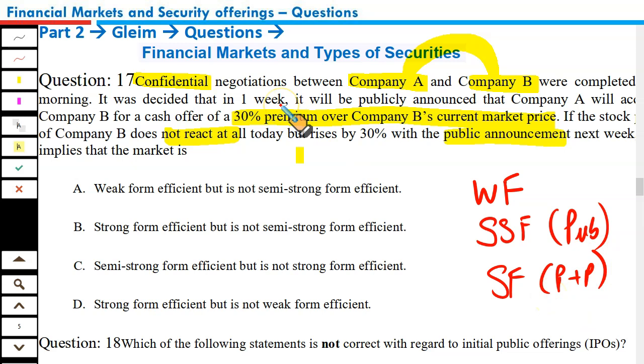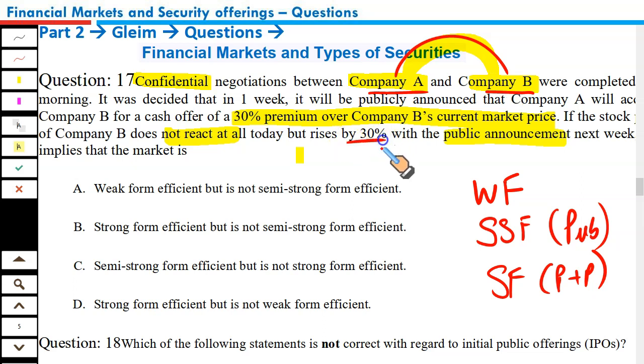If this question involved a strong form efficient market, you know what would have happened? When the confidential information was being exchanged between A and B, with no disclosure, the share price would immediately have gone up by 30% on the same day.